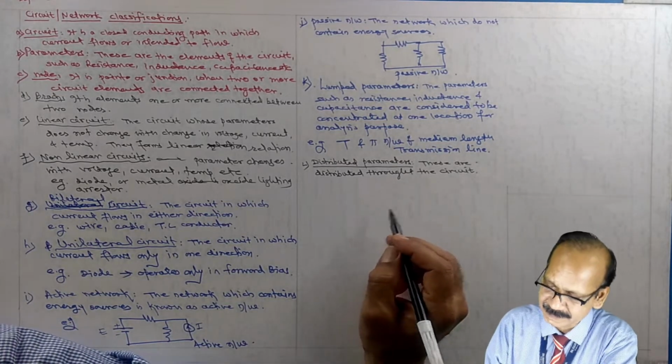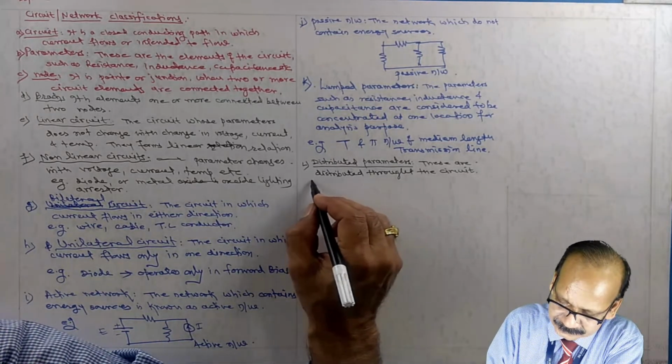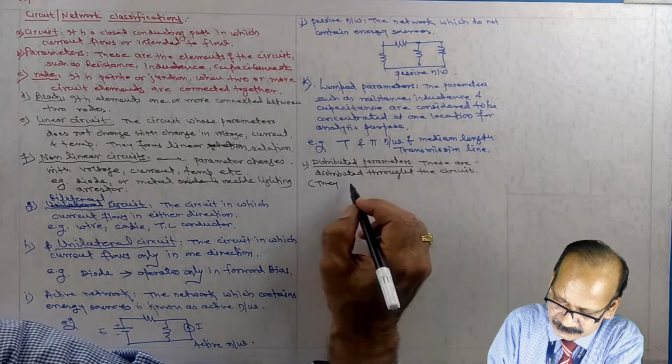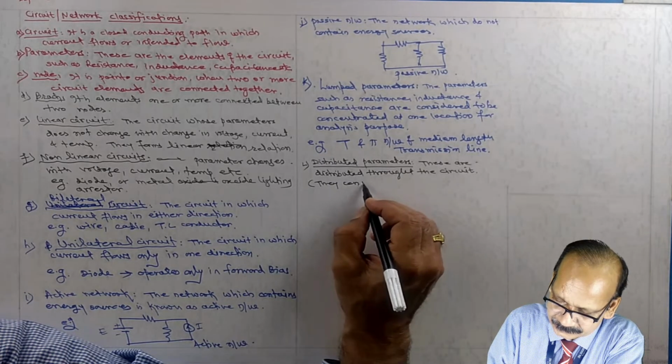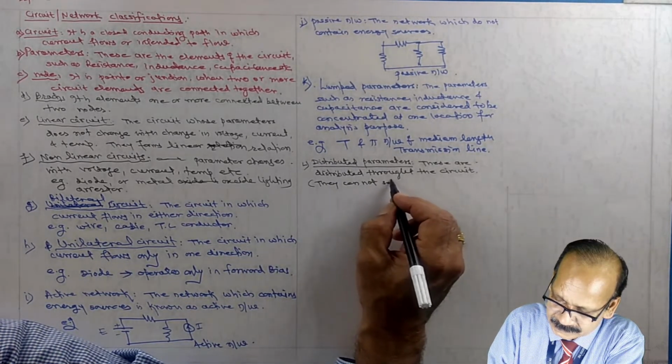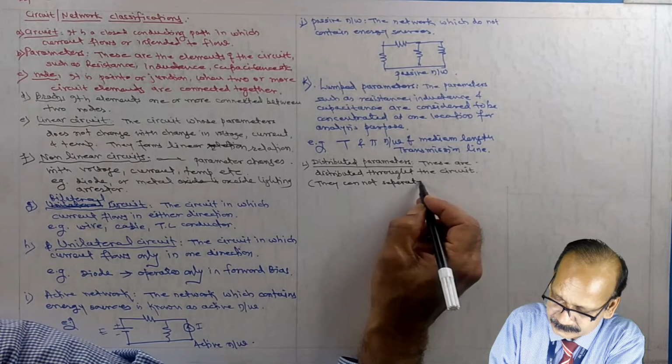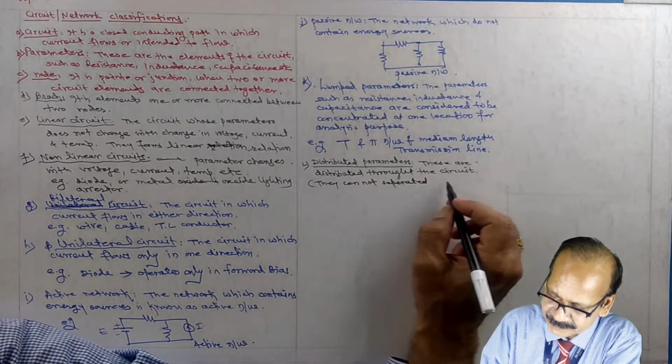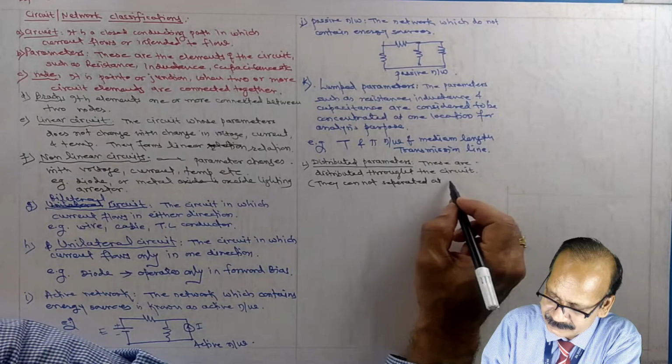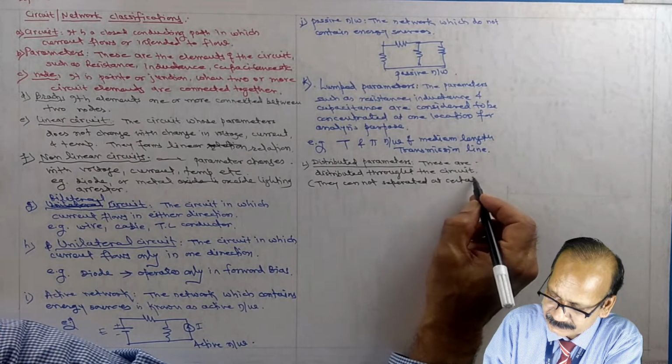Throughout the circuit, they cannot be separated or concentrated at a certain location.